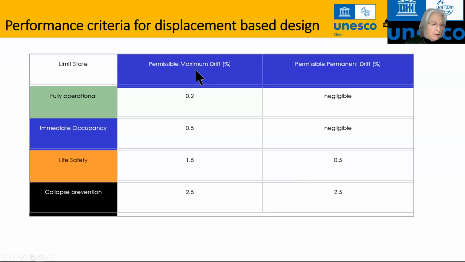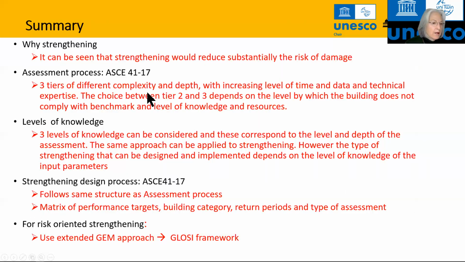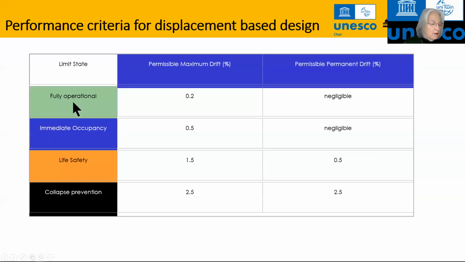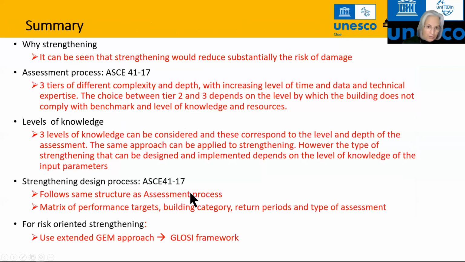So typically, in reference to ASCE 41-17, for the different limit states or performance levels, we can also look at different permissible maximum and residual or permanent drift. We state that at the fully operational level, this should be not more than 0.2%. For immediate occupancy, this should be no greater than 0.5%. For life safety, we are going to 1.5%, and for collapse prevention, we are going to 2.5%.